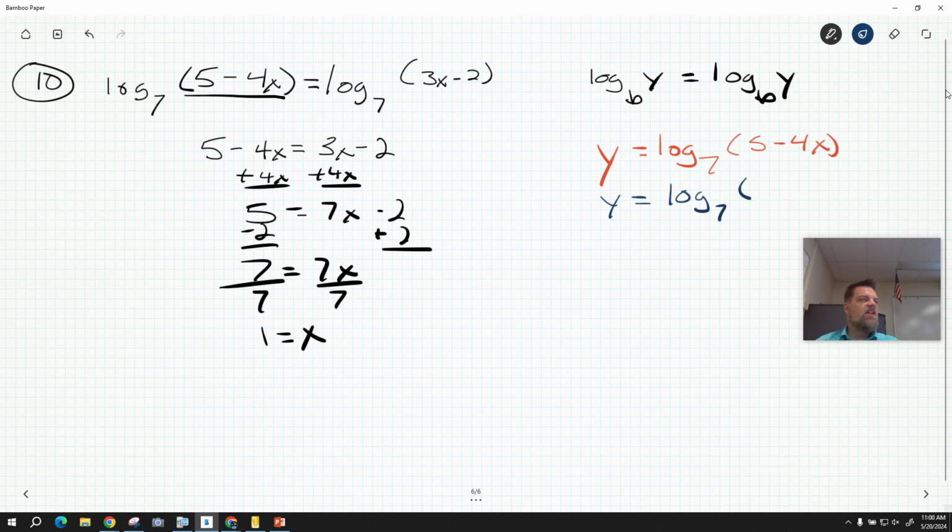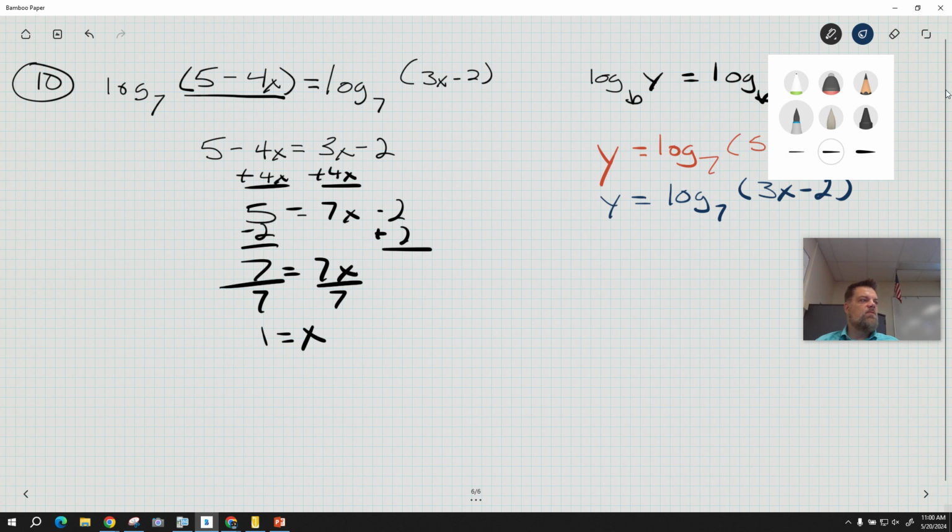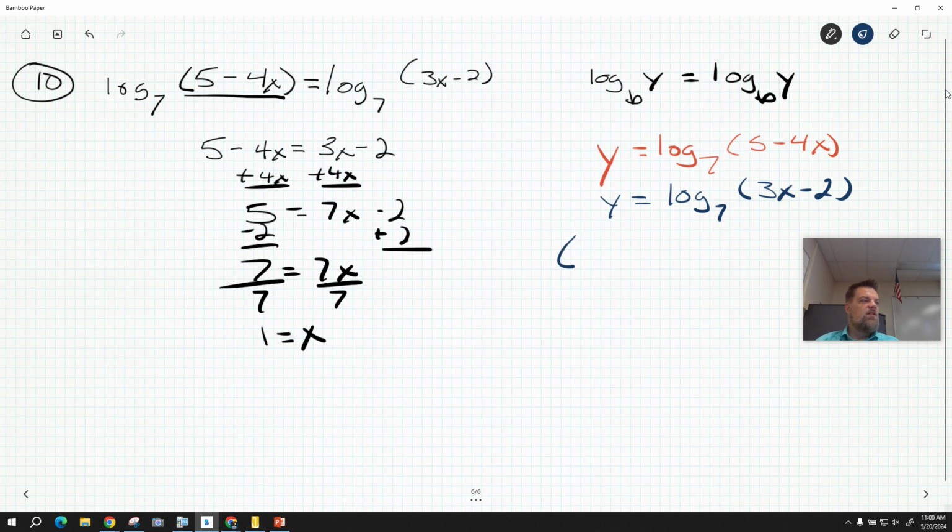Log base 7. And then I'm going to graph the right-hand side. And write this down in your notes. The intersection, the x value is the solution.